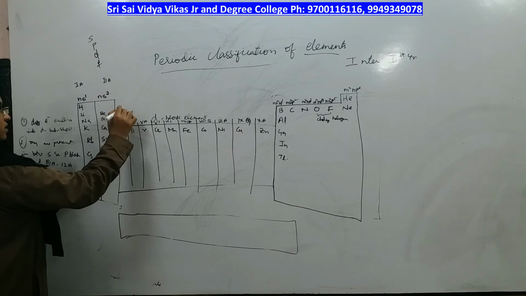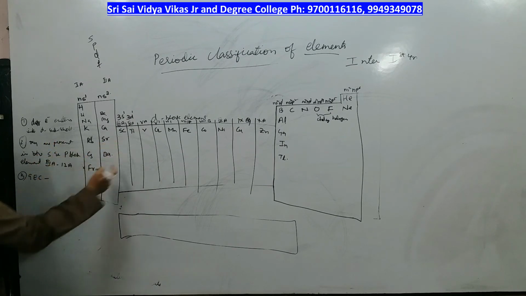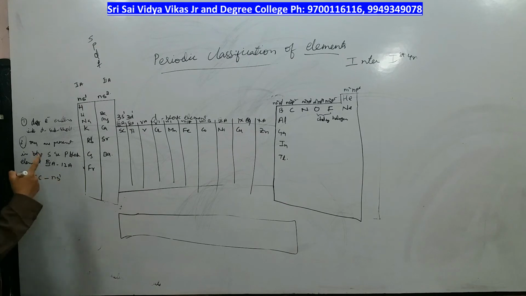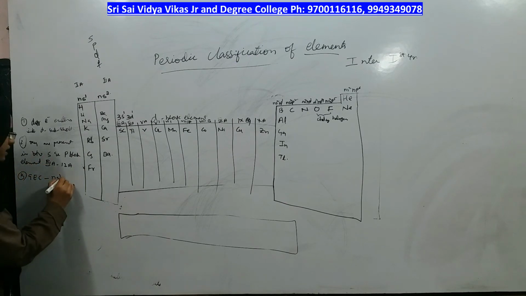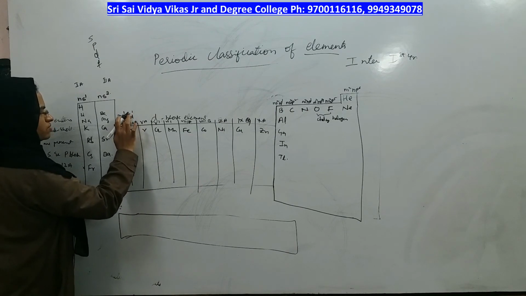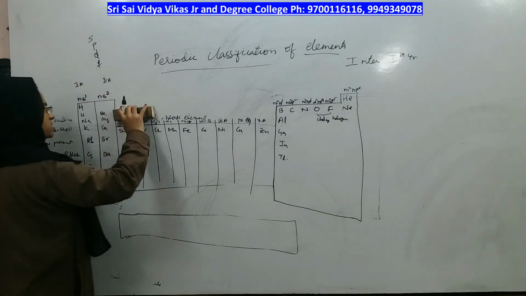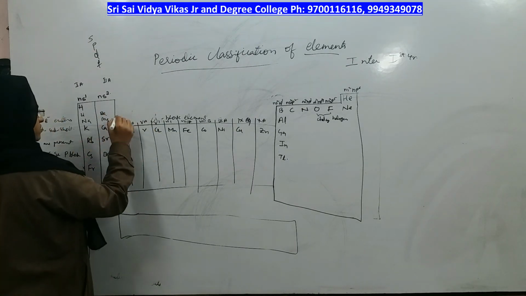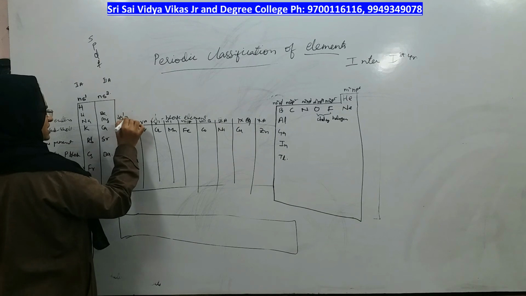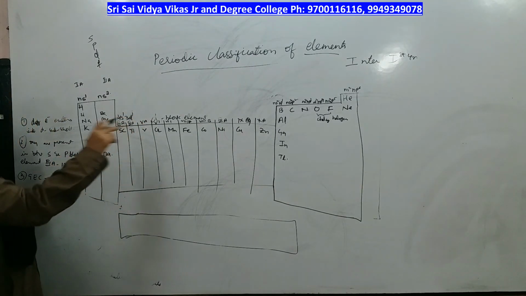Now the general electronic configuration of D block elements: instead of writing 3, we can write ns. 4s1, 3d1 is for scandium and the same continues.